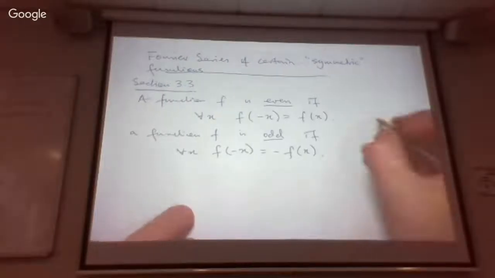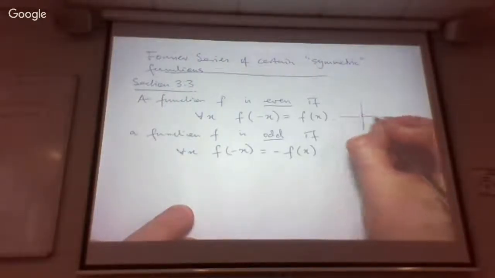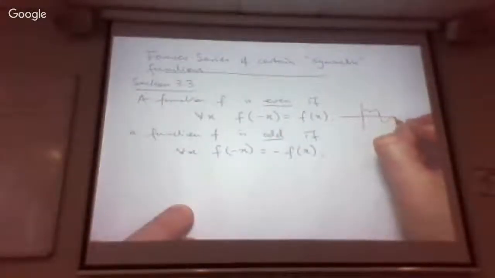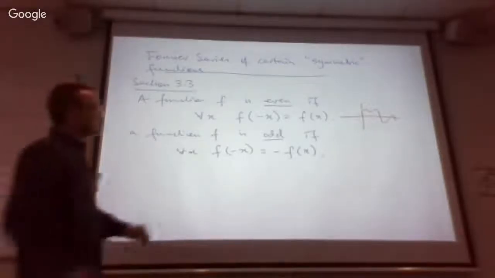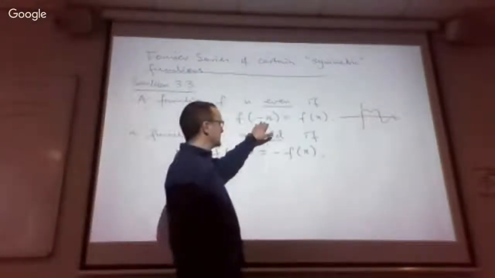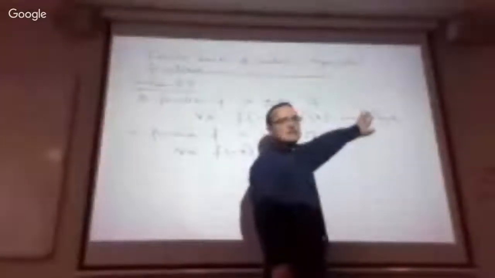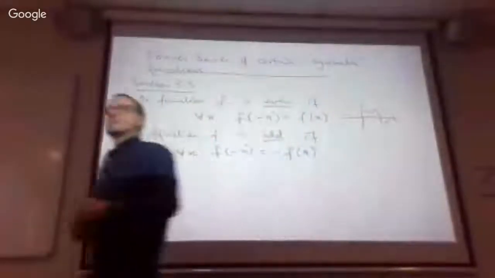So, what does the typical graph of an even function look like? Well, whatever behavior it has on the positive half of the interval, because f of minus x is always equal to f of x, its behavior on the negative half of the interval must be the exact mirror image of that. Yeah?